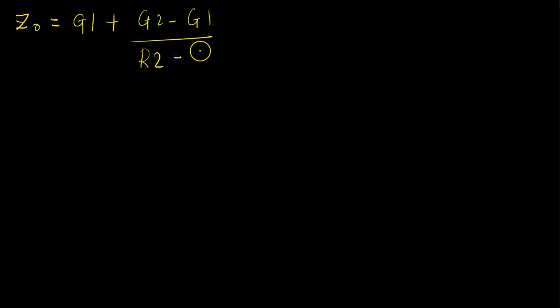Next class, you don't have to guess another value of Z0, but you have to extrapolate. You have to do extrapolation by using the formula of Z0 equal to, we have the previous formula, which is G1 plus (G2 minus G1) divided by (R2 minus R1), times (D minus R1).